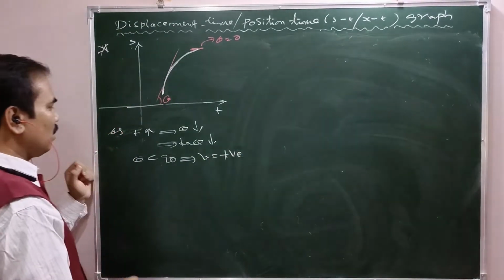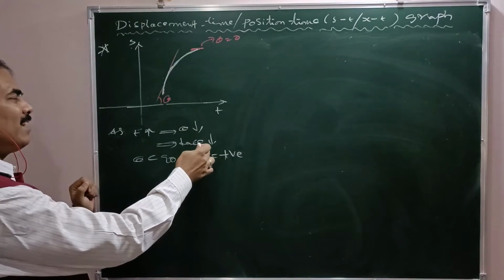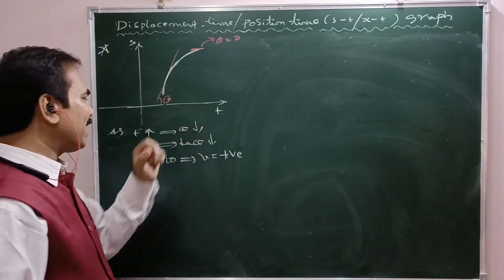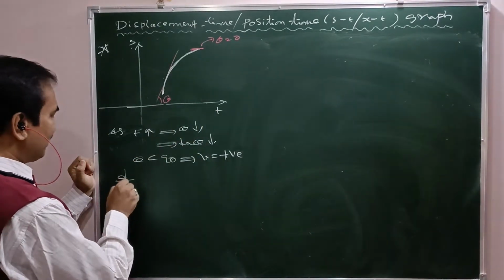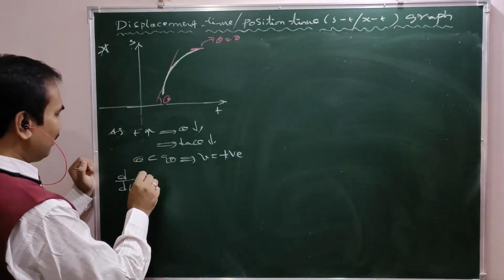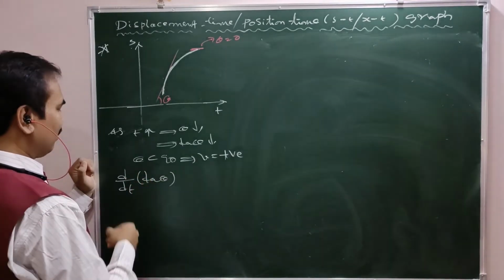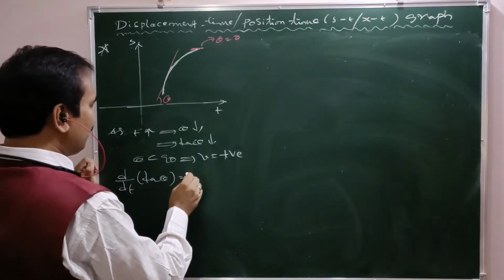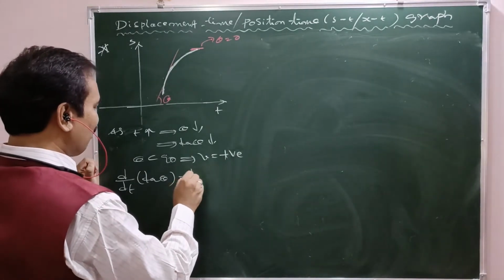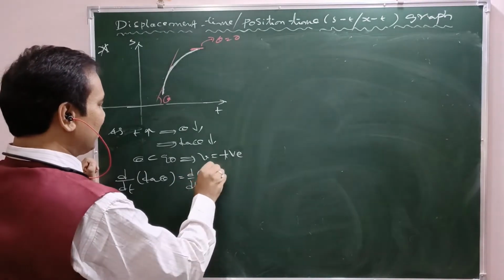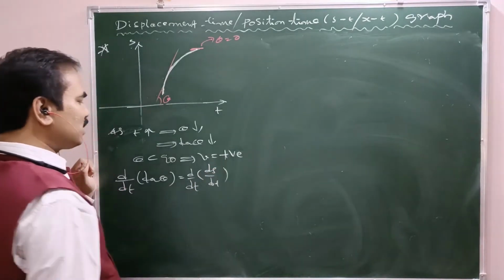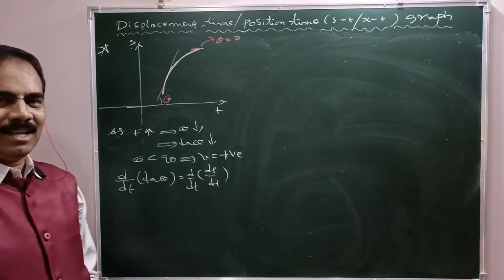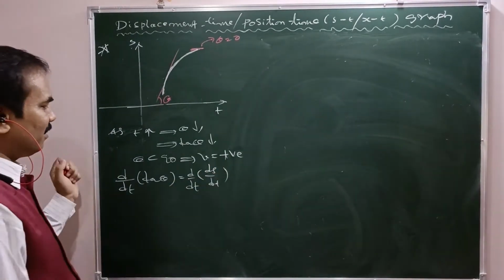Now, tan theta decreasing at a constant rate with respect to time. Therefore, d by dt of tan theta equals d by dt of ds by dt. What about ds by dt? Velocity. That is dv by dt.